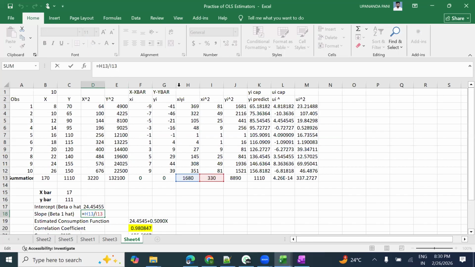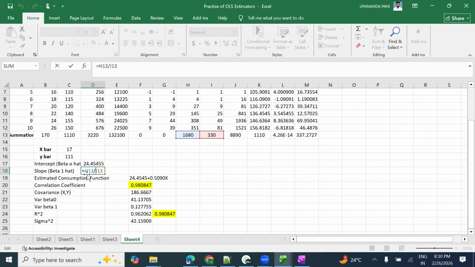H13 is nothing but summation xi yi, the small xi yi meaning the deviation form, and I13 is summation xi square, 330. Once you divide it you are getting the slope.